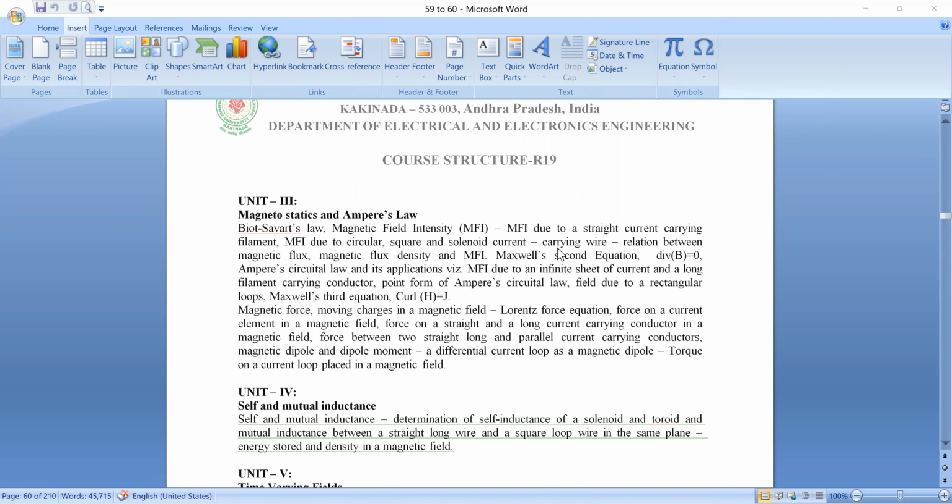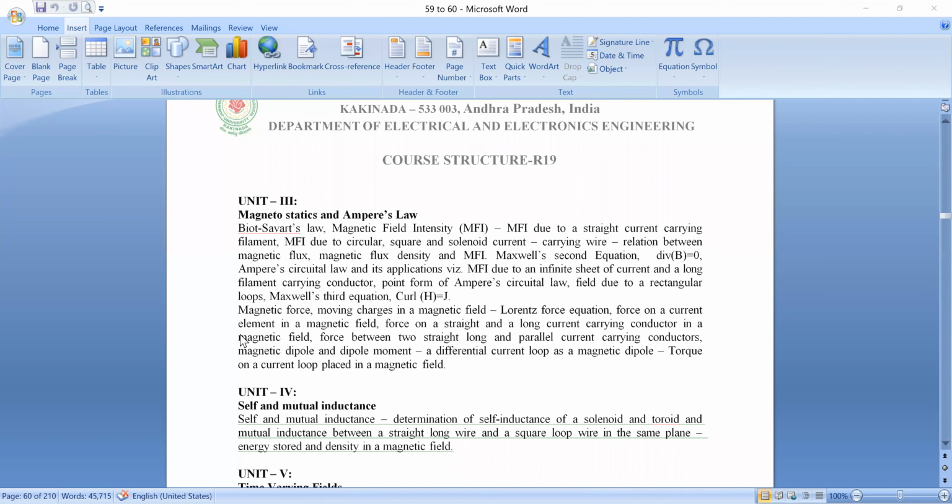That is Maxwell's second equation, div B is equal to 0, and Maxwell's third equation, which is derived from Ampere's circuit law, that is curl H is equal to J. Here curl is also a property of vectors, H is the magnetic field intensity, and J is current density. So this is another Maxwell equation, Maxwell's third equation, curl H is equal to J.